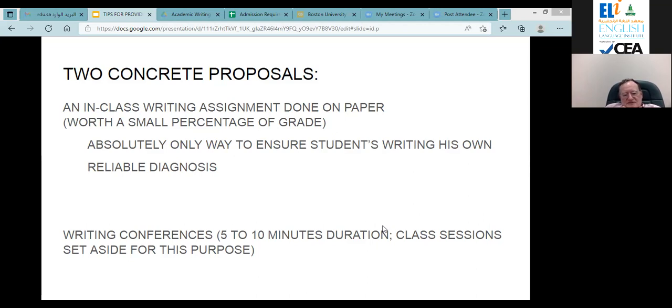That's the point of departure. And then at some point during the module, have a writing conference with each and every one of our students. I'd love to. I've tried, but then part of the curriculum has to fall by the wayside.